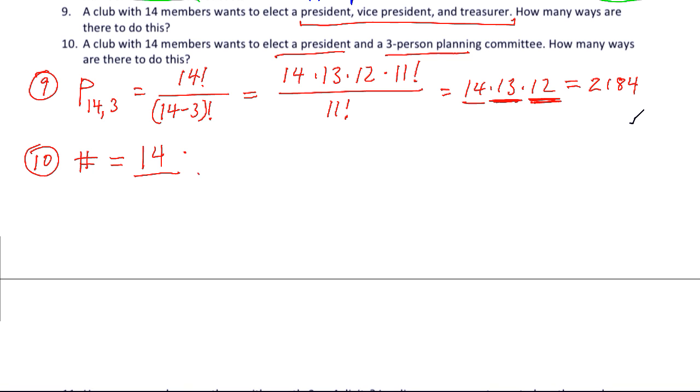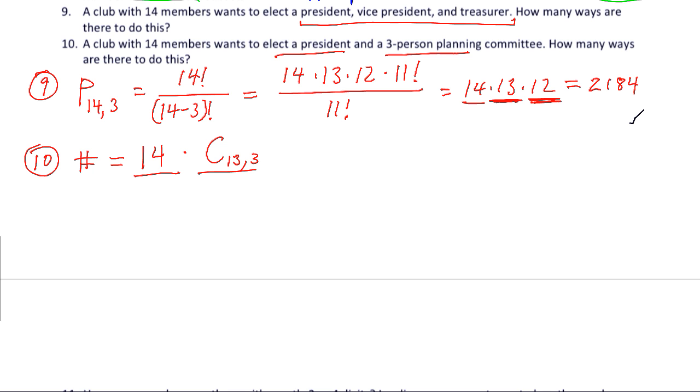And then in the second step, we're going to choose a 3-person committee. I'm assuming the president is not on the committee, and so we're going to choose a 3-person committee out of the remaining 13 members. And that would be C(13, 3). Okay?